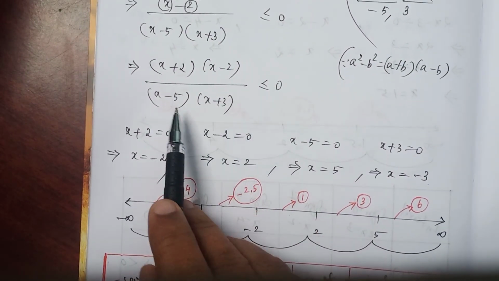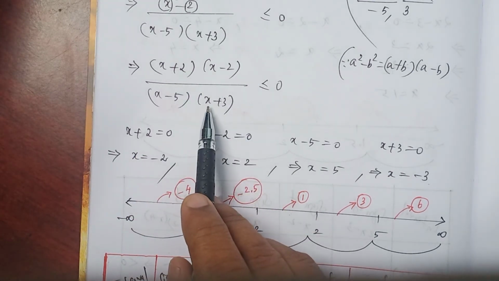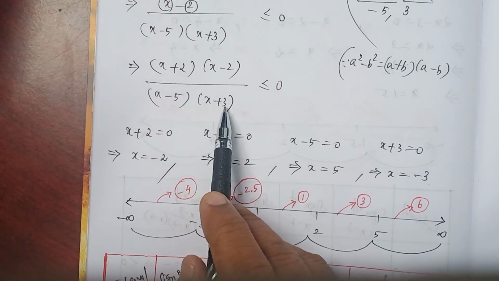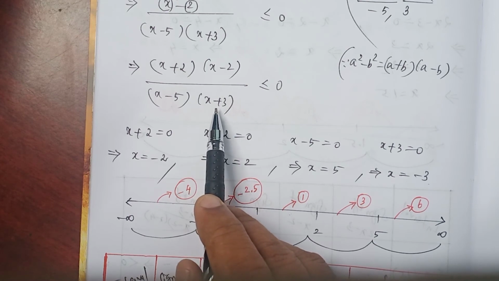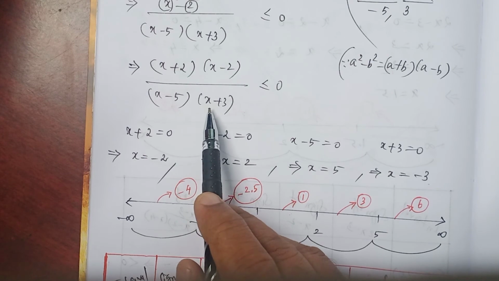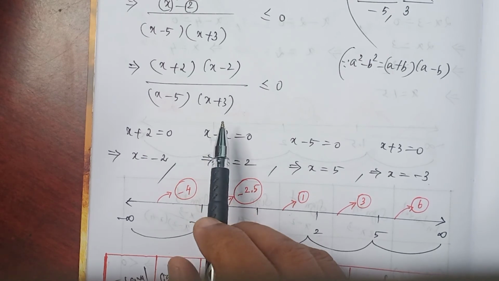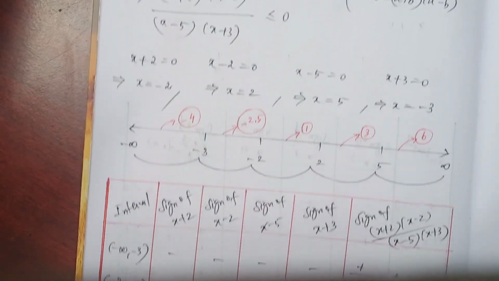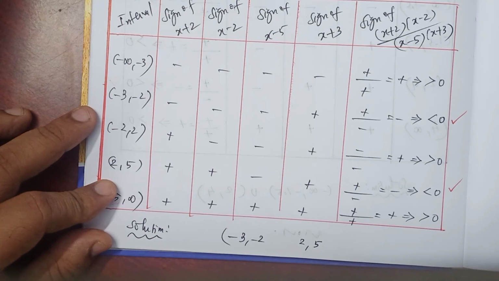If you replace x by minus 3 over here, minus 3 plus 3 becomes 0. Since 0 is in the denominator, anything by 0 is undefined. So minus 3 cannot be considered, not to be included. Not to be included means you have to put the bracket like this, excluding the value minus 3.